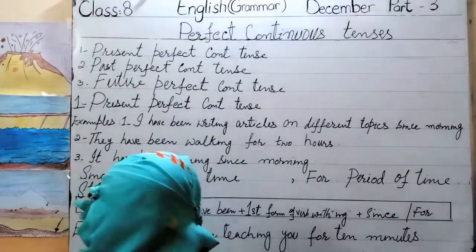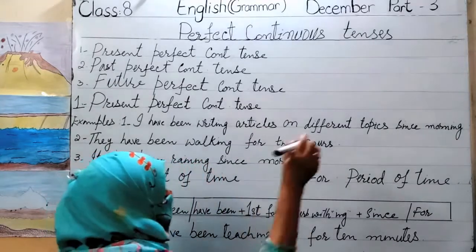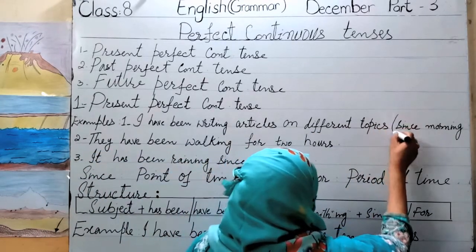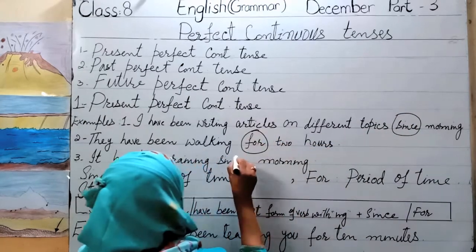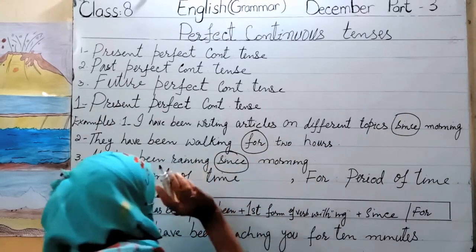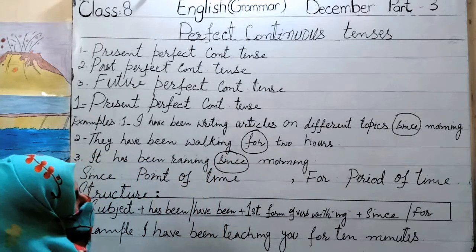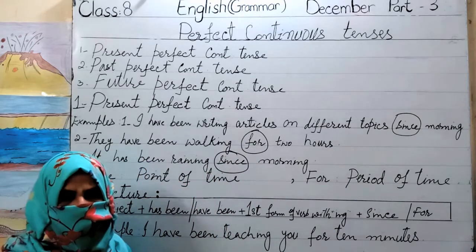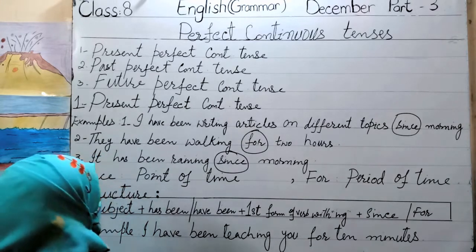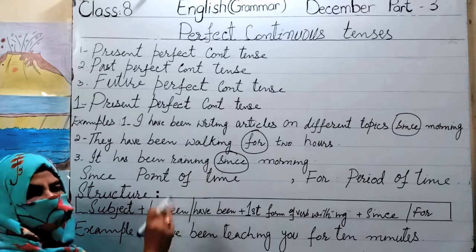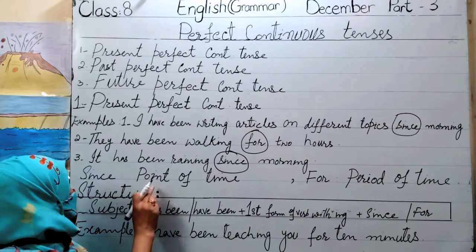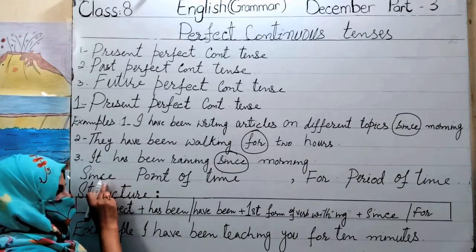So look at these sentences. You are looking here at the preposition since and the preposition for. So when will you use since and when will you use for? If a point of time is mentioned, then you will use the preposition since.